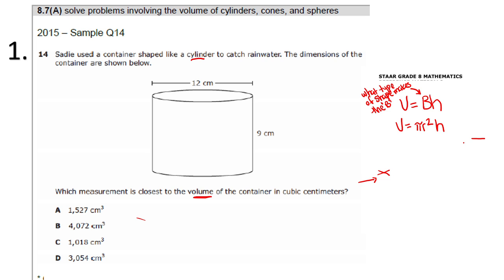Now the reason why that's important is because not all the time do we have a circle making up our base. Sometimes it's a rectangle, sometimes it's a triangle. So the first question we have to ask ourselves is, what type of shape makes up the base? The next question we have to ask ourselves is, what is the radius?